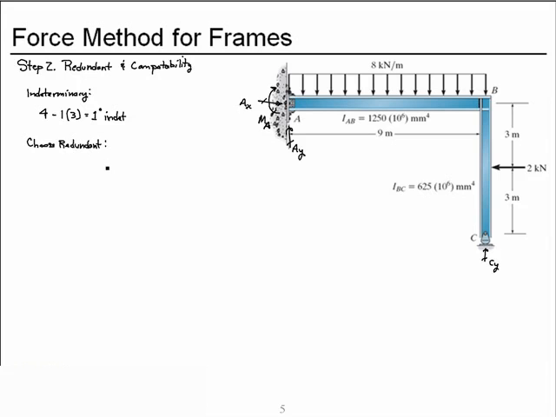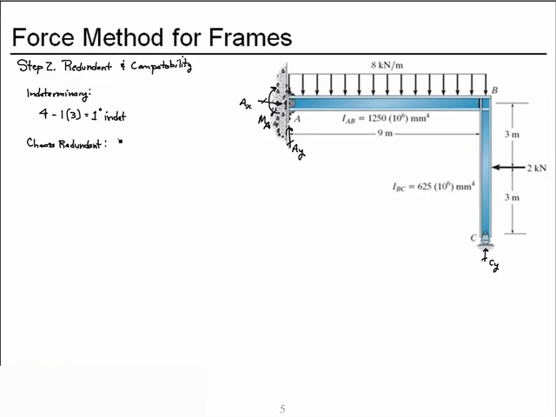We can choose any support reaction or any internal force as long as the primary structure, the structure released from that redundant, is still stable.